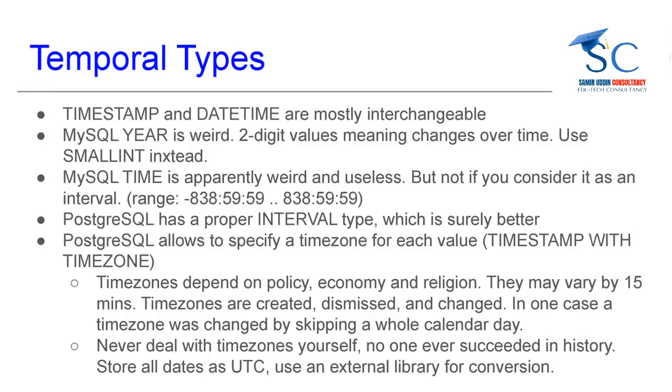It could be 30 minutes or even 15 minutes. So honestly, time zones are the least rational thing that humankind ever created after the British Conservative Party. So you don't want to deal with them explicitly. It's a nightmare. Instead, use libraries and store all the values in your database as UTC times, which is standard.